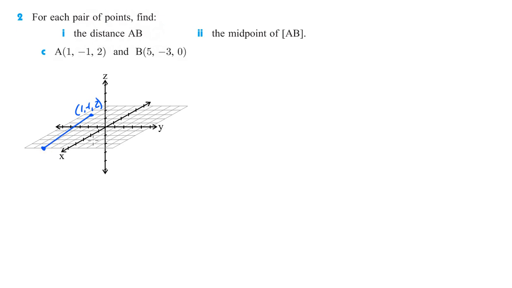Okay, so maybe to make this a little bit easier, it might be nice to drop this straight down, make it like a little right triangle type thing, and away we go. So I find the easiest way to do that is, let's go back and write this point in here first. 5, negative 3, 0 is that point, and then 1, negative 1, and then it went up 2.